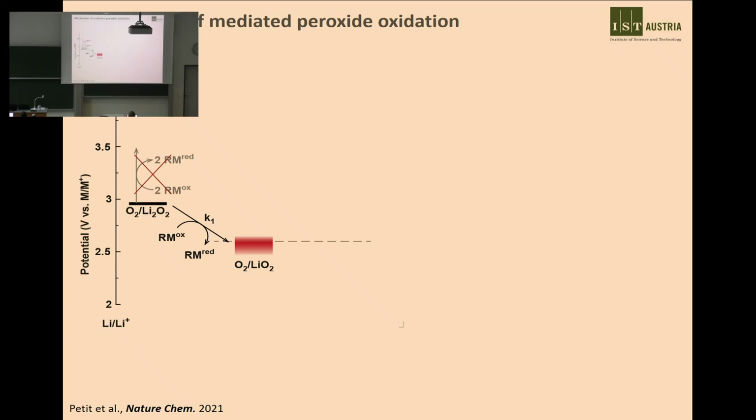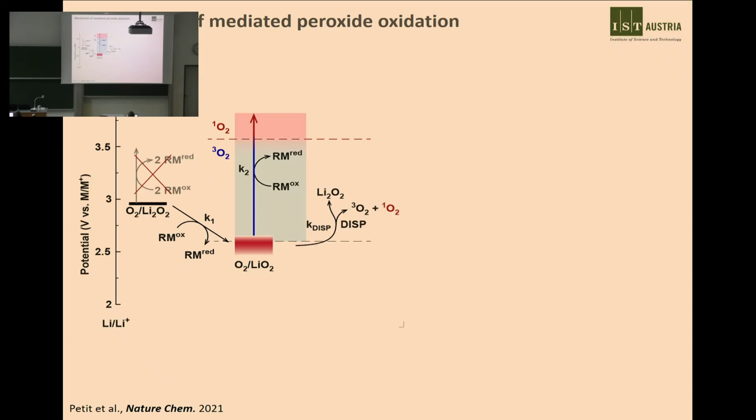This will have a redox potential around here. Then in a second step, we may transfer a second electron to oxidize this surface superoxide to oxygen. For this process, if we add the 1 electron volt, we would end up with a threshold for singlet oxygen evolution above 3.5 volts. The other possibility is that the surface superoxide species disproportionates, and there we know already it's very prone to form singlet oxygen in any case.